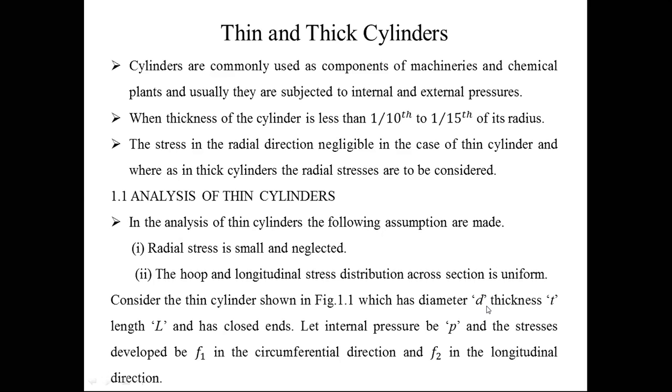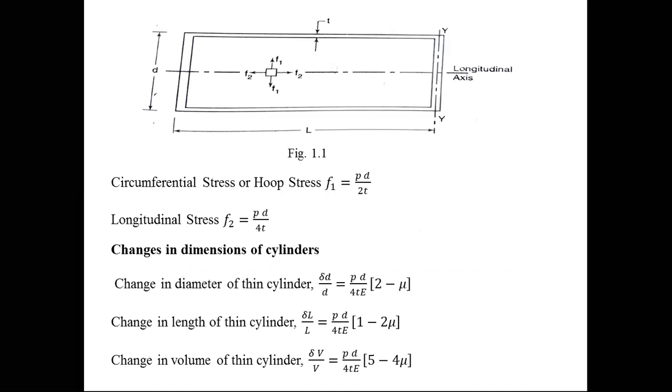That is PD by 2t. That's a simple derivation; you remember only f1 is equal to PD by 2t. Second, acting along the length of the cylinder is the longitudinal stress, denoted by f2. That is PD by 4t. So this is the figure. All of you note down all these things.